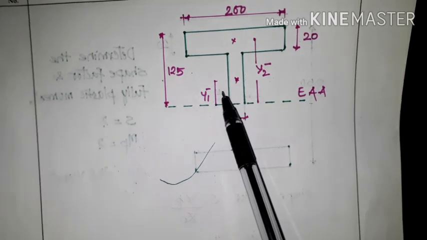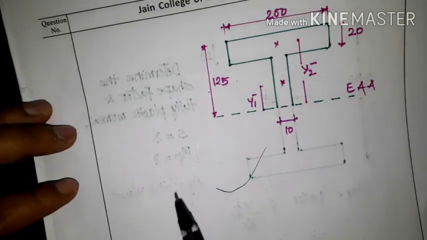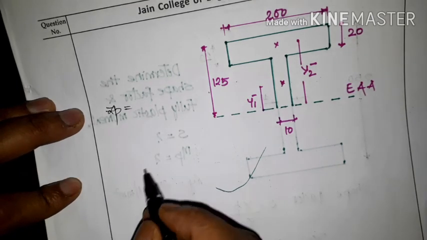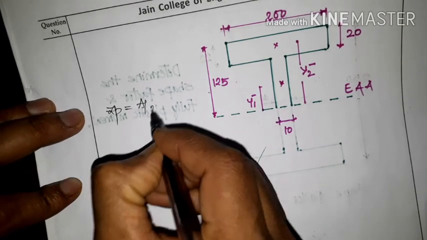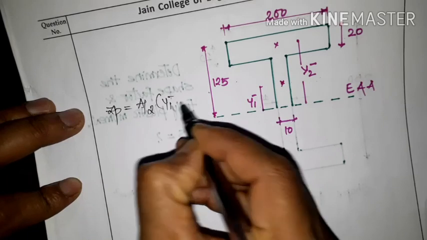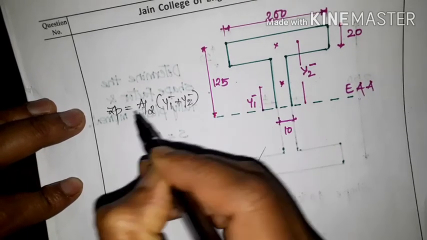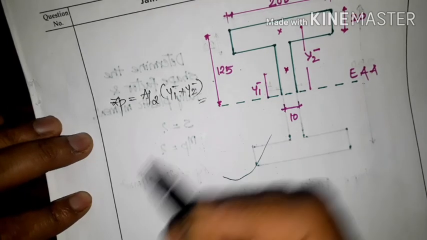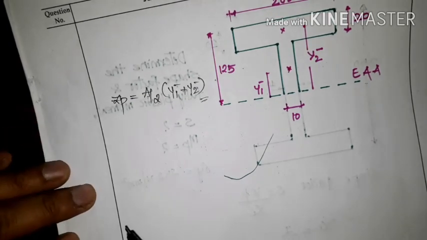Okay, so here again we know that ZP is equal to A by 2 into y1 bar plus y2 bar.